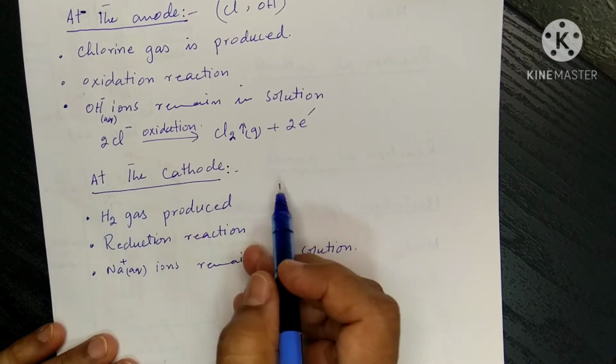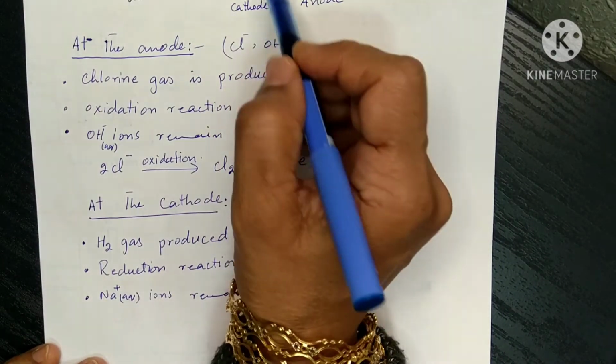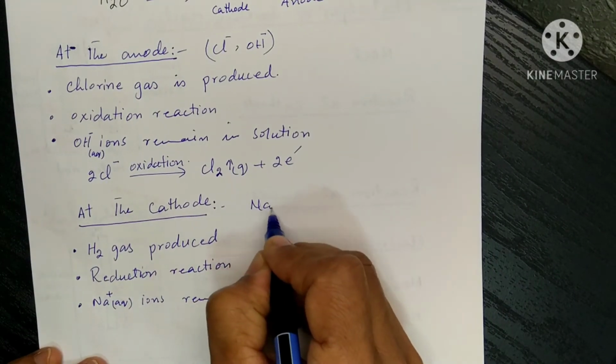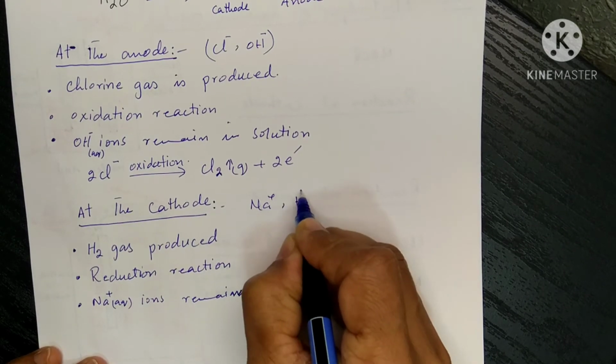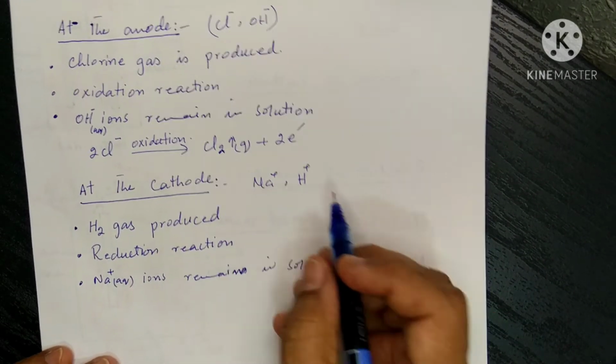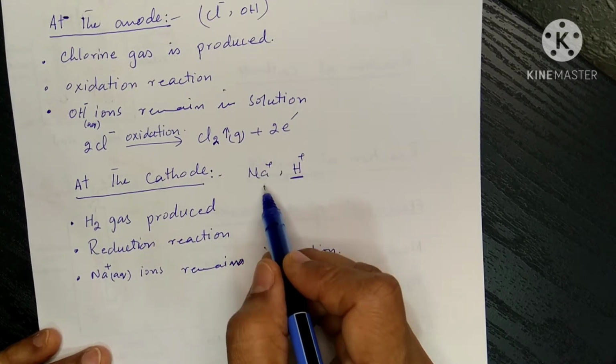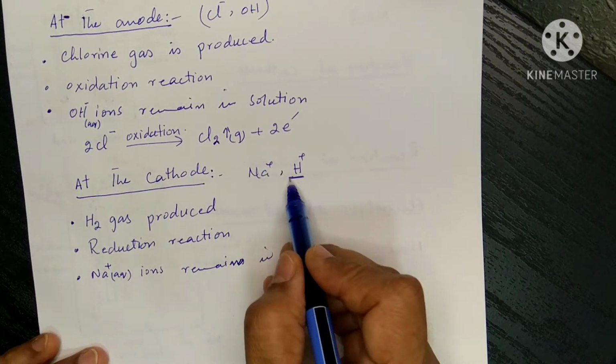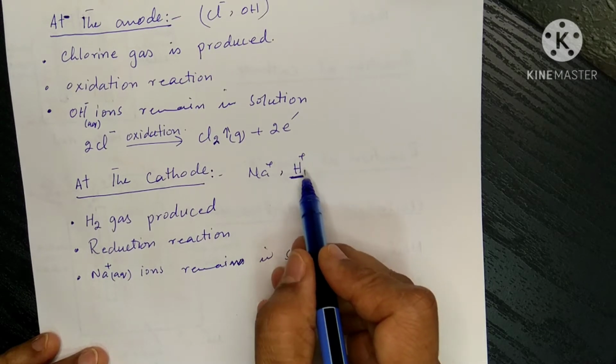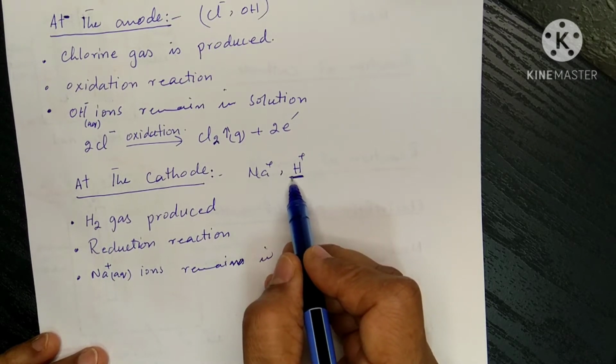Now at the cathode we have sodium and hydrogen ions, and hydrogen gas is produced, and sodium ions go into the solution. Hydrogen has a positive charge, so gain of electrons is a reduction reaction.